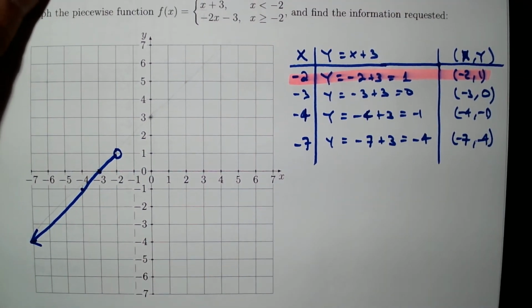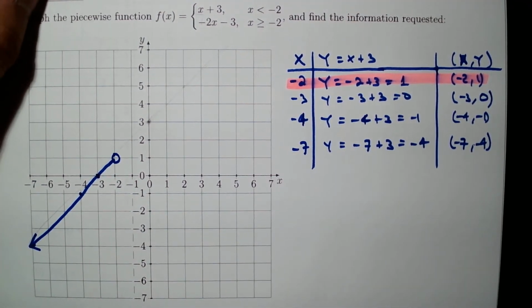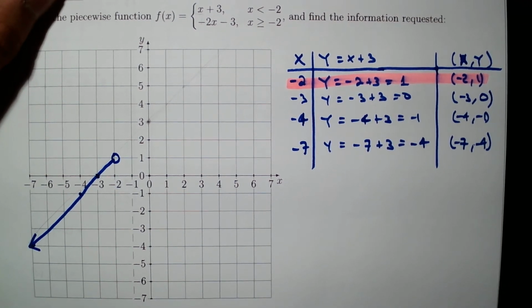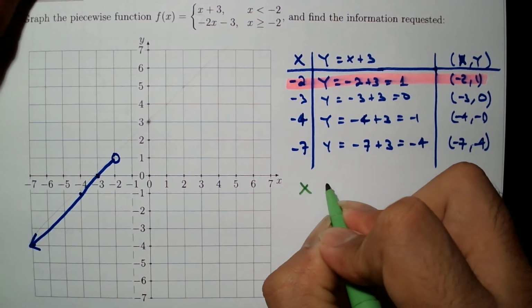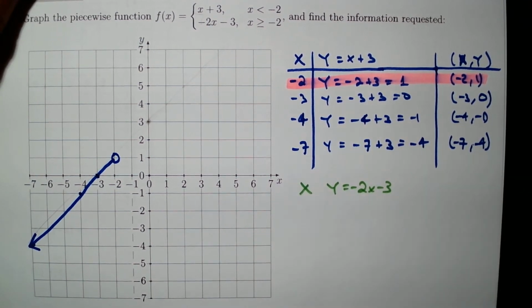Now let's look at the second part of the function, -2x minus 3. And I'm going to use a different color for that. I'm going to use green. So y equals -2x minus 3.